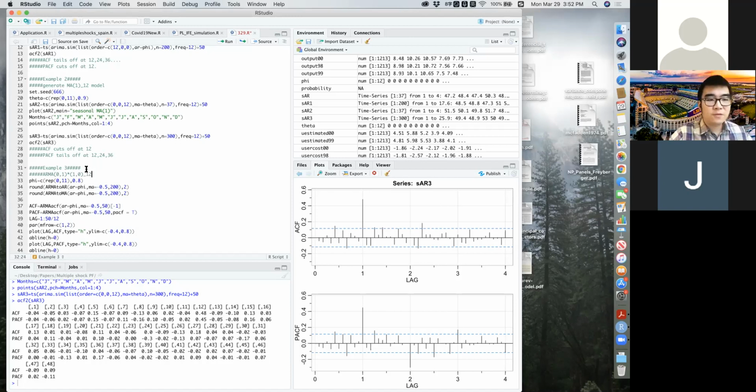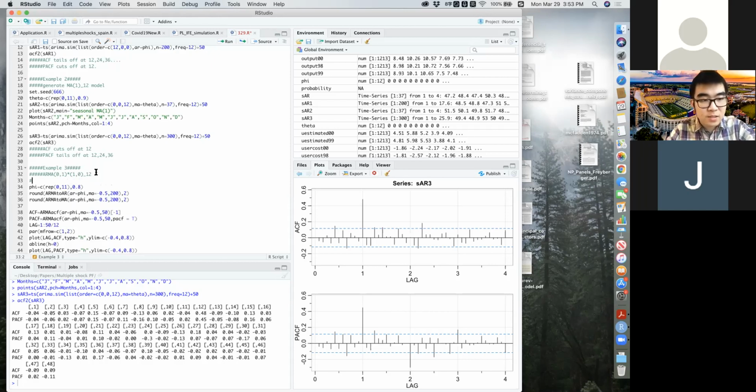For this model, I generate this AR part: the first 11 coefficients of the seasonal AR part are equal to 0, and coefficient number 12 is equal to 0.8. For the pure MA part, I set the coefficient equal to negative 0.5. Let me write it down here.